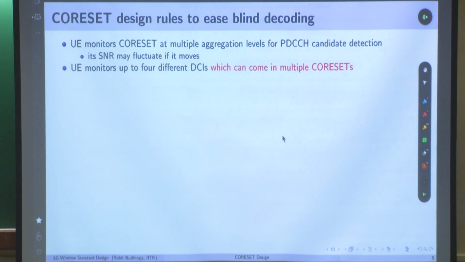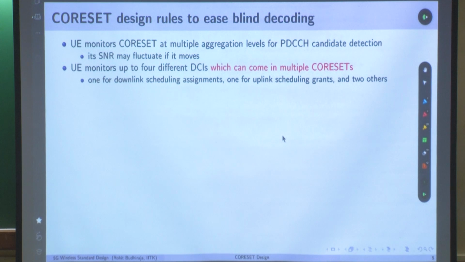Why? Because there are different kinds of DCIs. One is, for example, for downlink scheduling, another is for uplink scheduling, the grant. There are others also, for doing other tasks.